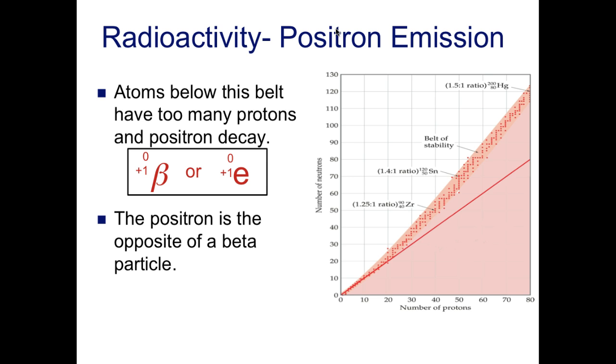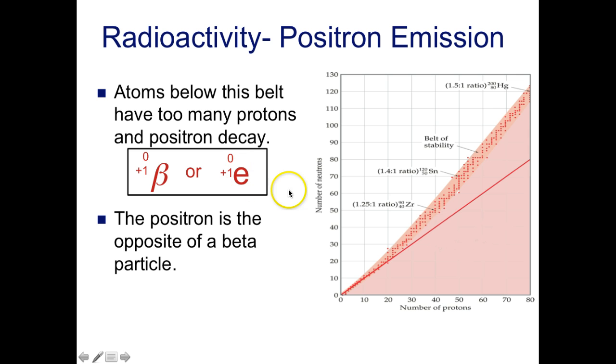Now let's look at positron emission. The atoms below this belt, and this is your belt of stability, have too many protons and undergo positron decay. When you undergo positron decay, a proton turns into a neutron. That is symbolized by a B with a plus charge or an E with a plus charge.